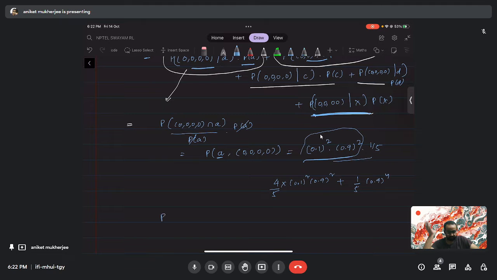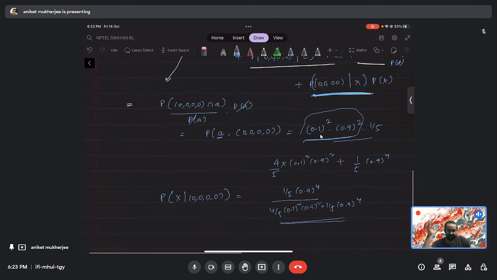So the probability that you land at X given 0, 0, 0, 0 is 1 by 5 into 0.9 power 4 divided by the total. Okay, this is one of your graded assignments.